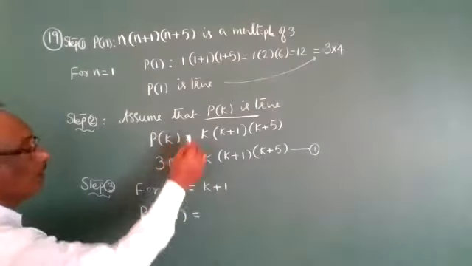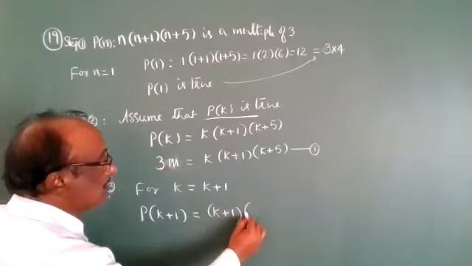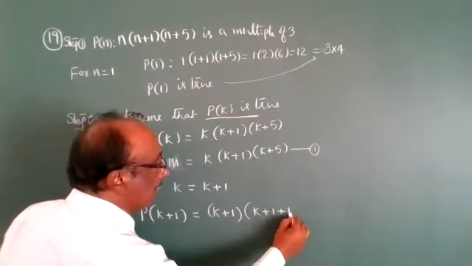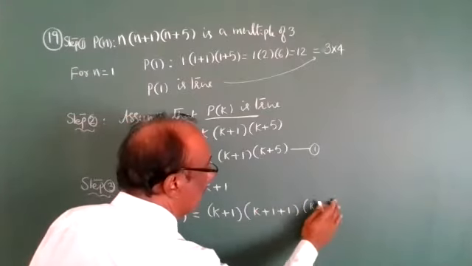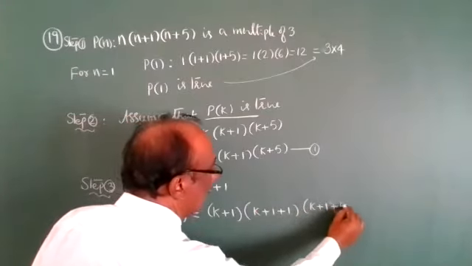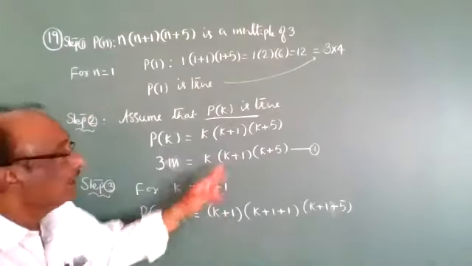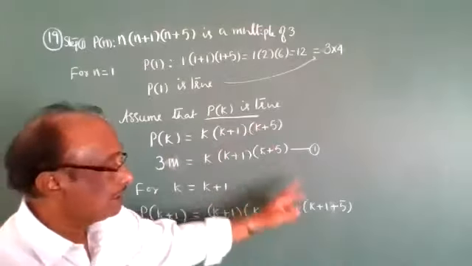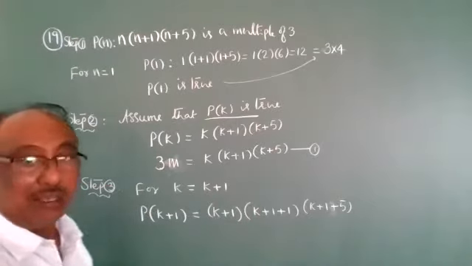So k plus 1 into k plus 1 plus 1, and k plus 1 plus 5. Now write down the P of k, everyone.